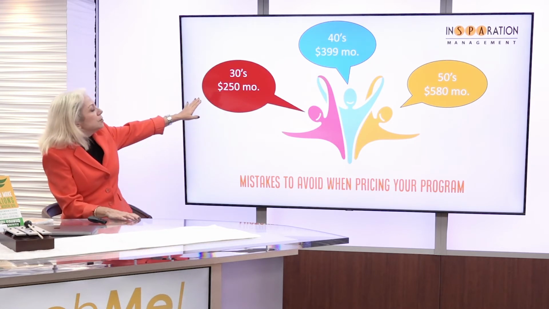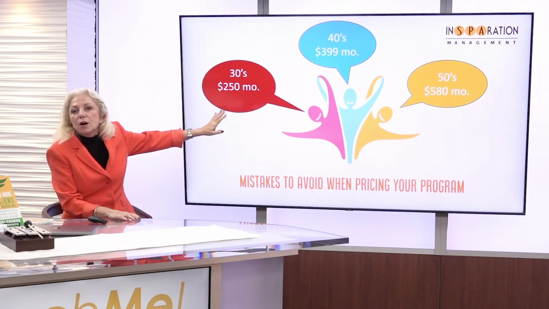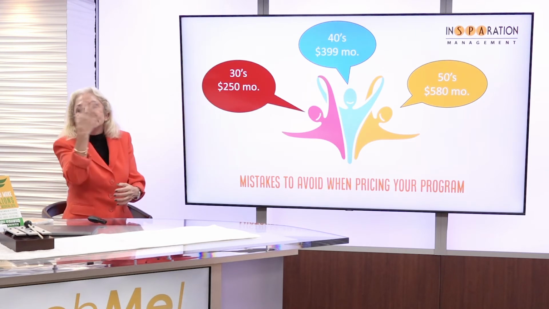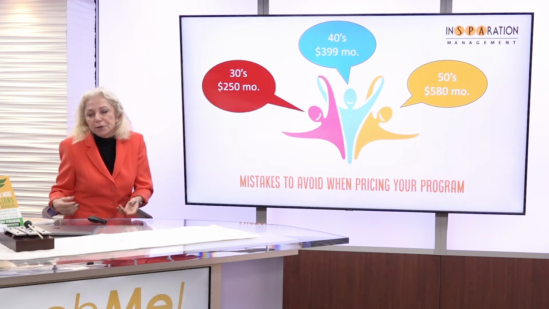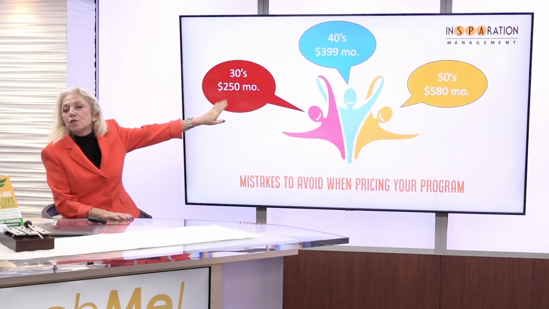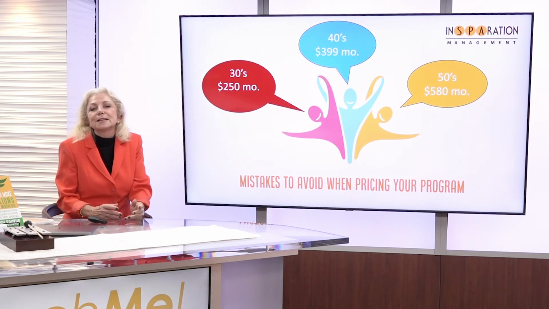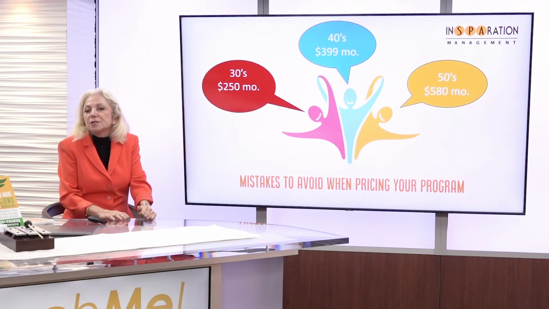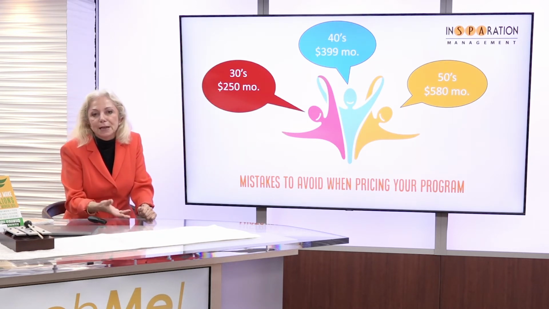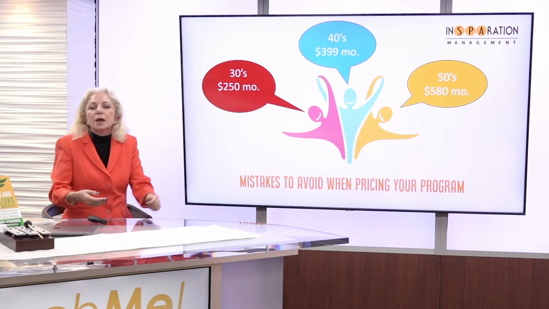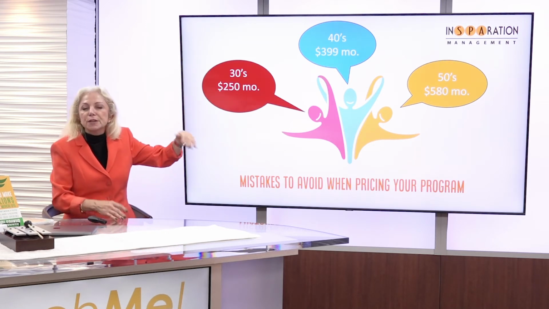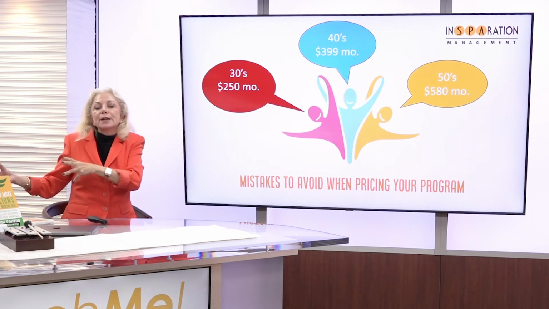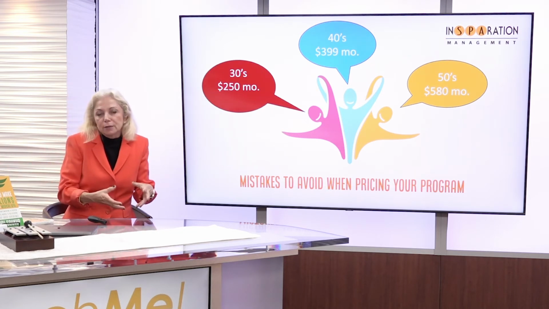Let's say the people in the 30s are going to invest $250 a month to maintain their beautiful appearance. The people in the 40s are going to spend, let's say, $399 a month. And the people in their 50s, they're going to invest $580, let's say, a month. How you get these numbers is through, again, your percentages that you already have as historical data, right?